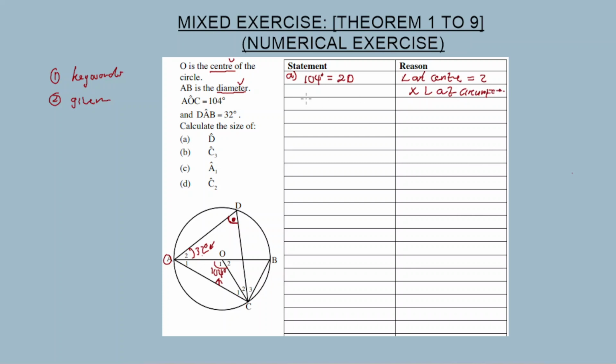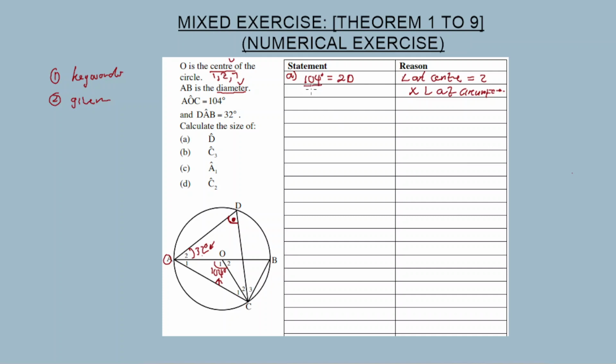So this is theorem number 2. With the center, we can apply theorem 1, theorem 2, or theorem 7. Let's apply theorem number 7. That's why you need to highlight the keywords.